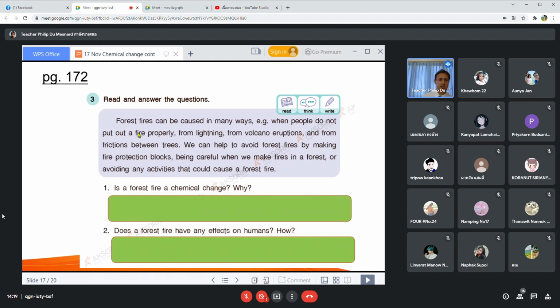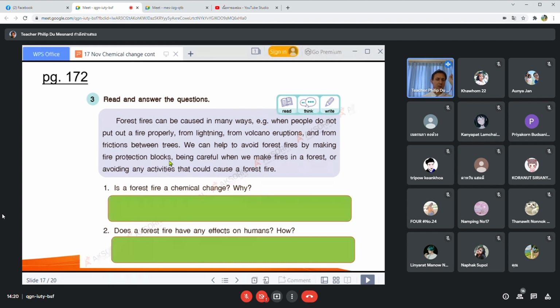Okay, so let's see. It says here that forest fires can be caused in many ways, like when people don't put out their campfire properly. It can be caused by lightning, by a volcano eruption, and also when there's friction between trees. We have to avoid forest fires by making fire protection blocks.